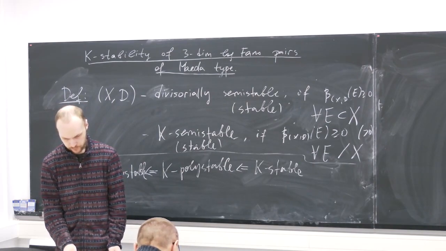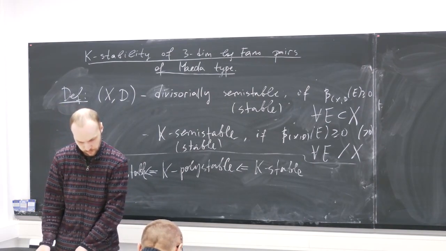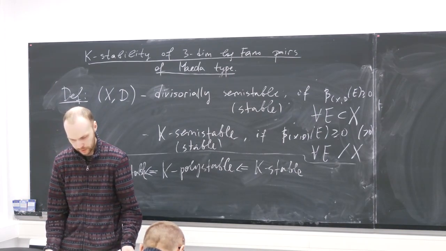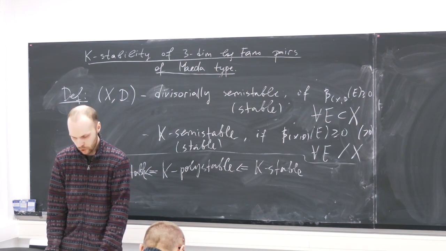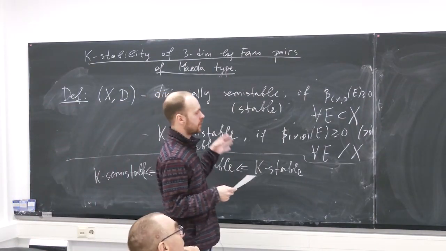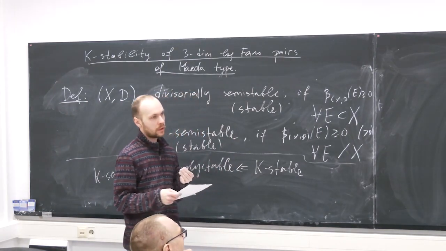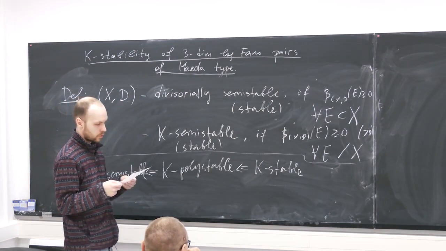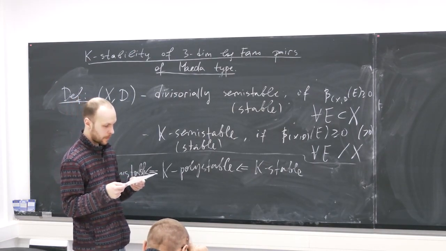Okay, so now let me explain how to determine whether a given log Fano pair of Maeda type is K semistable or K polystable.